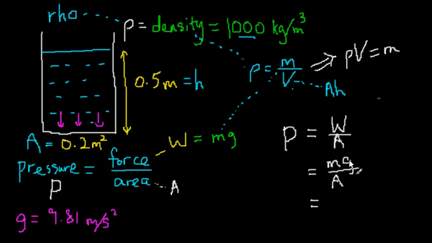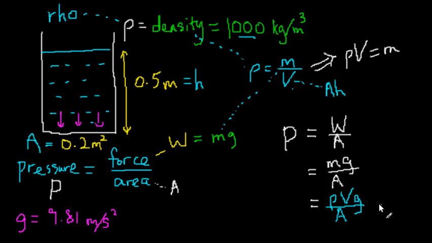So let me put the whole lot together. m would be rho times v, so rho V g over A. And V is area times height.